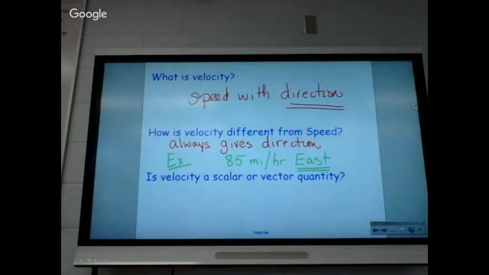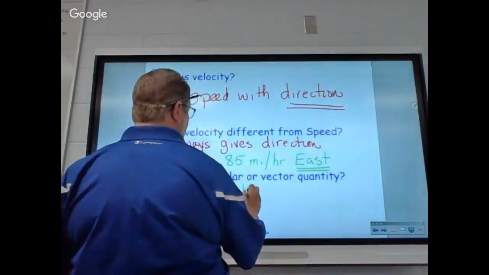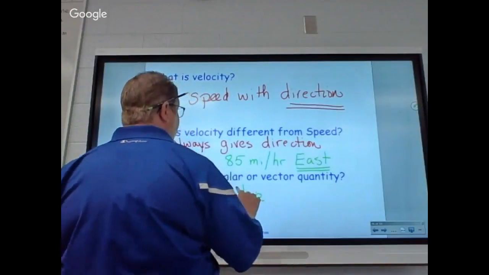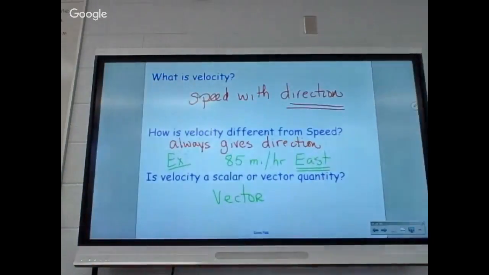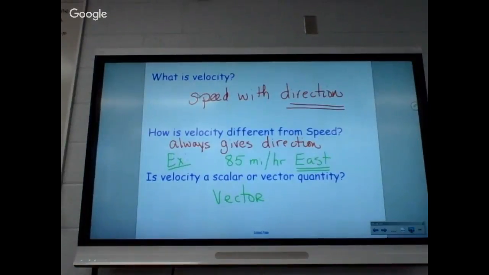Like when we were doing displacement, it said blocks east, blocks north, whereas with distance, it didn't matter. But with displacement, it had to give us a direction because displacement is a vector quantity. It specifies the direction you travel. Velocity is also a vector. It has to specify direction.